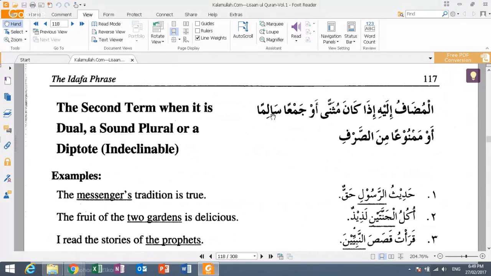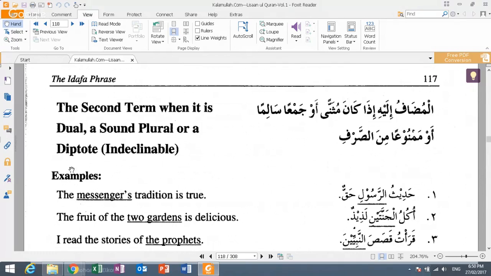Muslimina, say it, in Nasbi and Jarri case, muzakkar. And muannas salim, alif and ta, regular. In Rafi case, with two dhamma or one dhamma. In Nasbi and Jarri case, one kasra or two kasra. Muslimatun and Muslimatin.